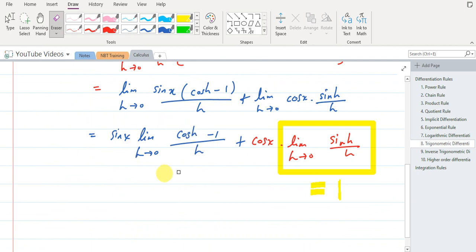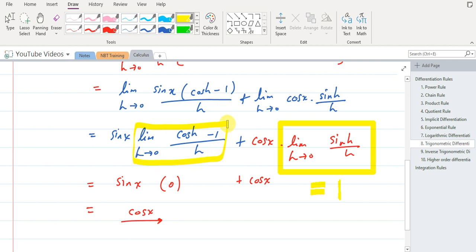So you need to find the limit over here, because that sine h over h is actually 1. So we are getting cos x over here, right? And this is basically sine x times 0. So this is basically equal to cos x. Now I'm going to show you why this limit is actually 0.